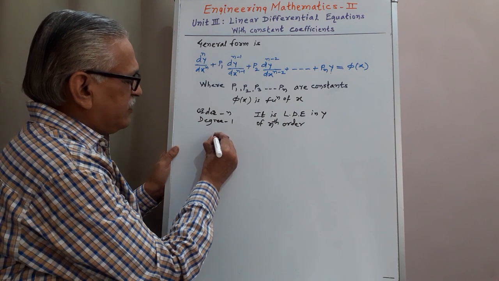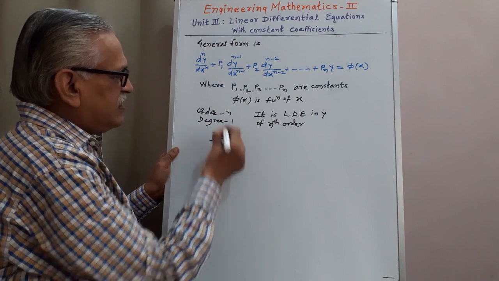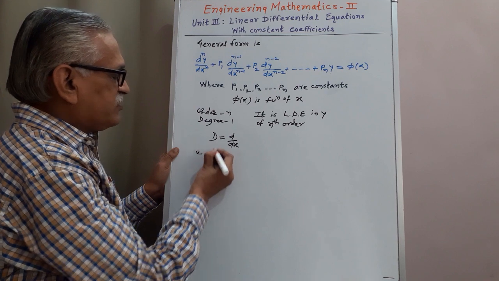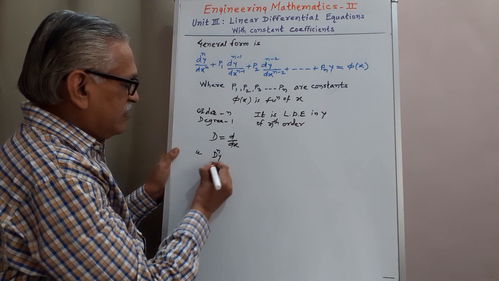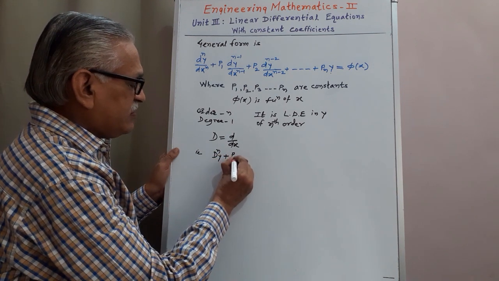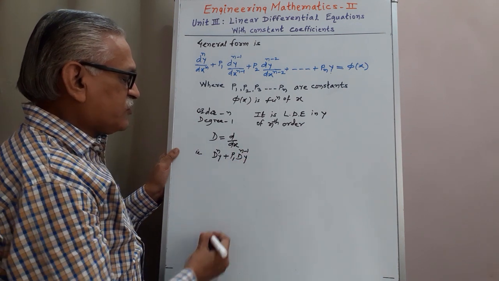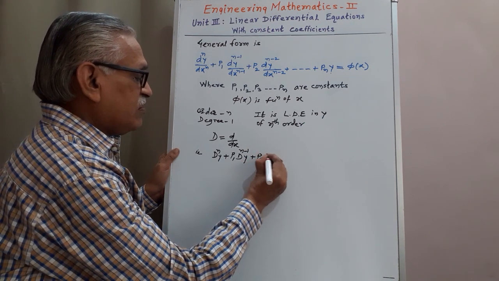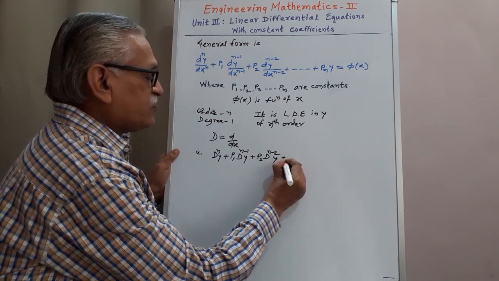Therefore, if we use capital D for the operator d by dx, I can rewrite that equation in symbolic form as D^n y, meaning the nth derivative of y with respect to x, plus p1 D^(n minus 1) y, plus p2 D^(n minus 2) y, and so on.